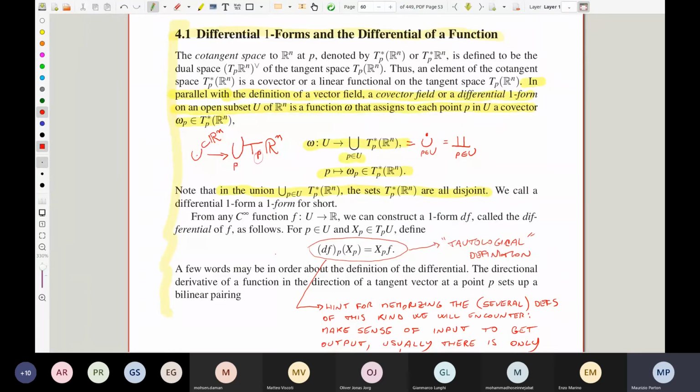If you take the union with P ranging in the open set, this means that you are taking the set of all tangent spaces. Okay? And to every point, I'm taking one single vector of one of these tangent spaces. This is the point of that picture.